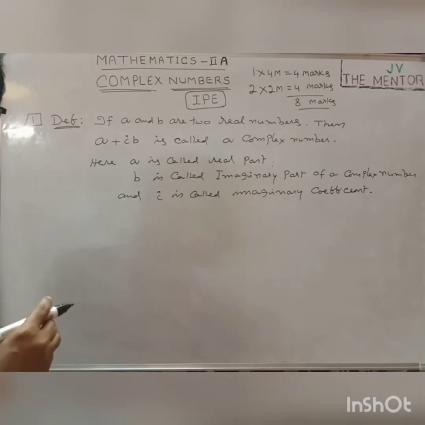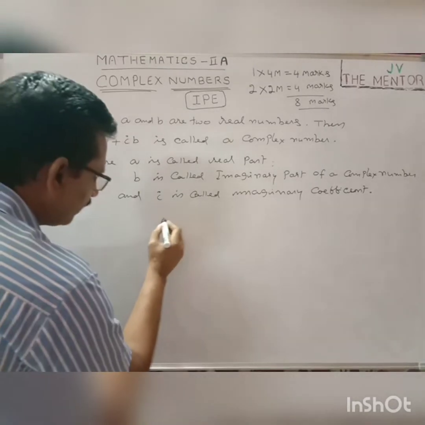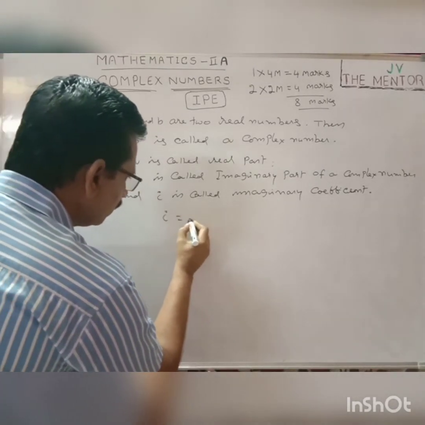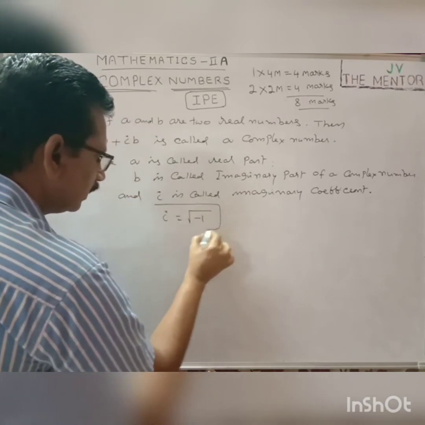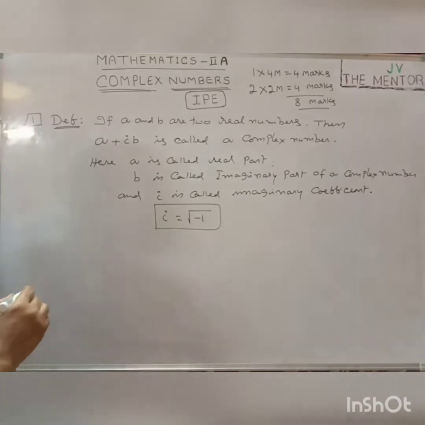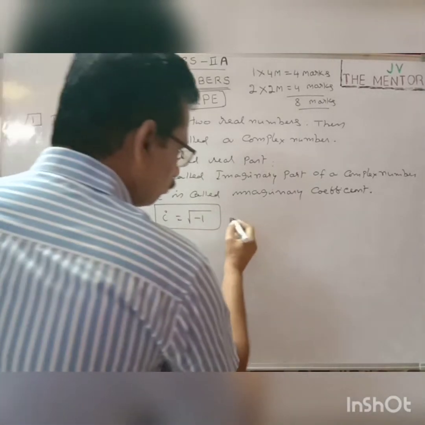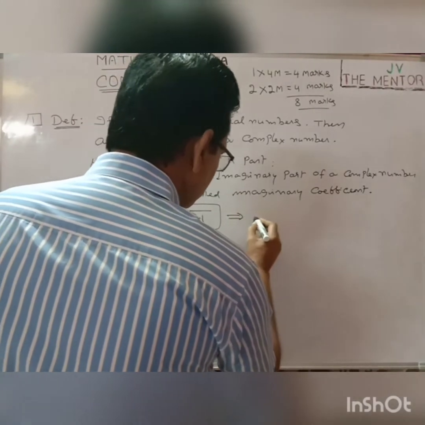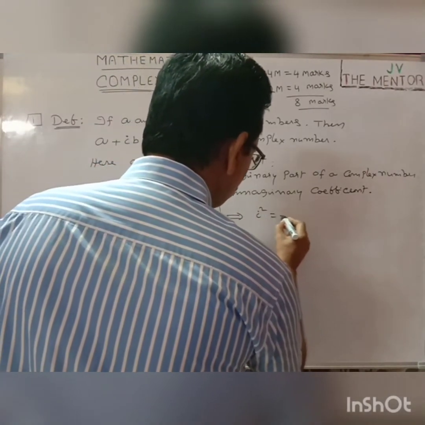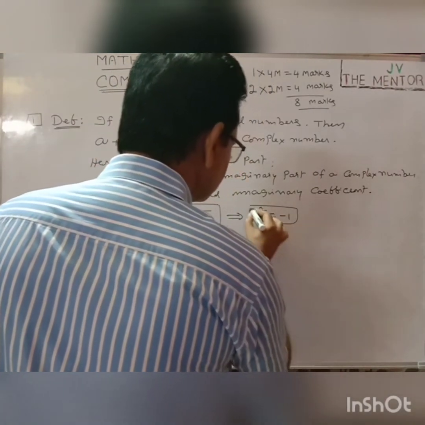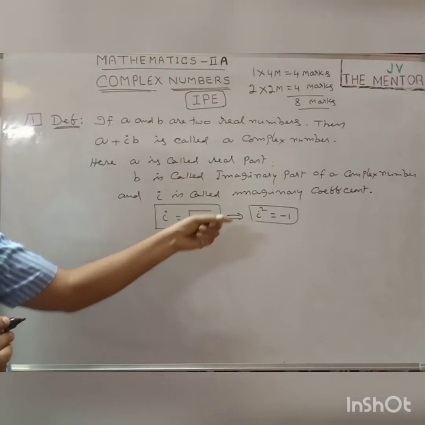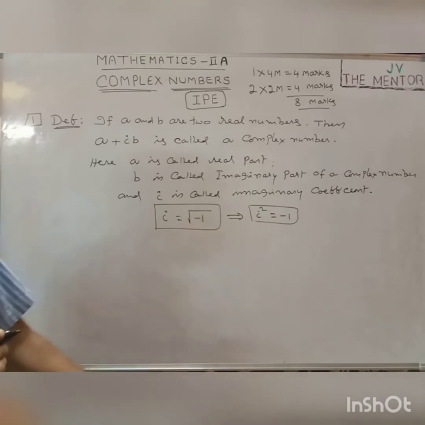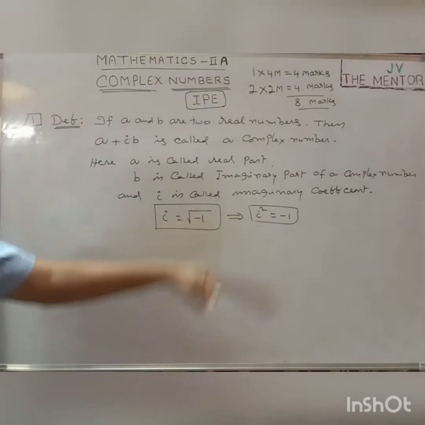What is the value of i? Here i equals root of -1. Now squaring on both sides, i square equals -1, since root of -1 whole square is -1.